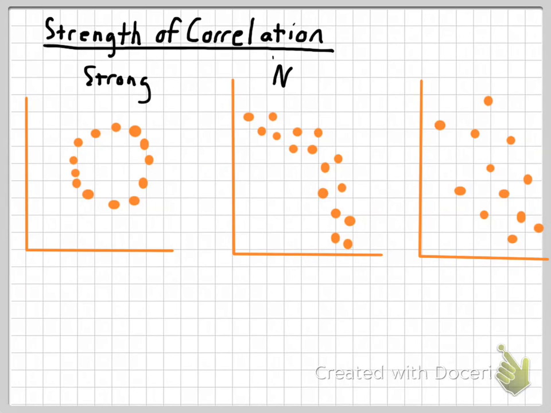You'd probably say that this middle data set has a moderate correlation. And this last data set, well, maybe you can imagine that there's a trend going there, but certainly the points don't seem to form any particular shape, and it's at best a weak correlation is what you could say there.